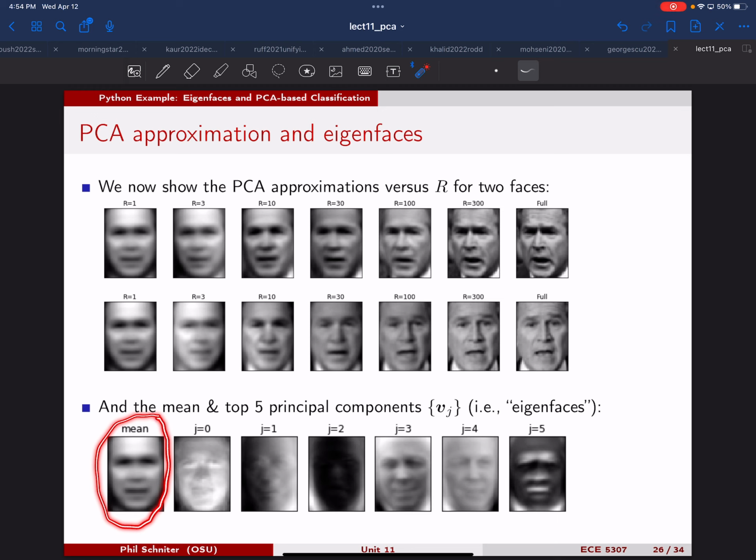So this is like the average face of all faces. And then this is the most important eigenvector plotted as a matrix. So this direction, as you deviate from the mean, has the most energy. Basically, the mean plus and minus scalings of this.